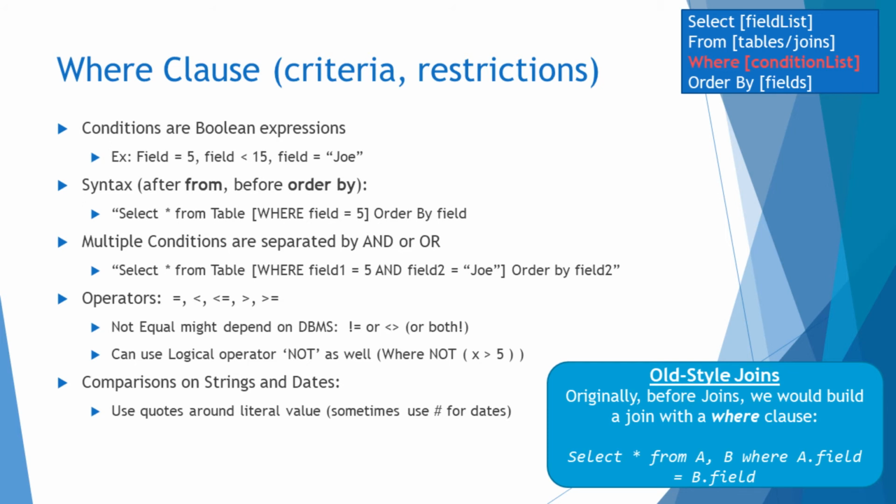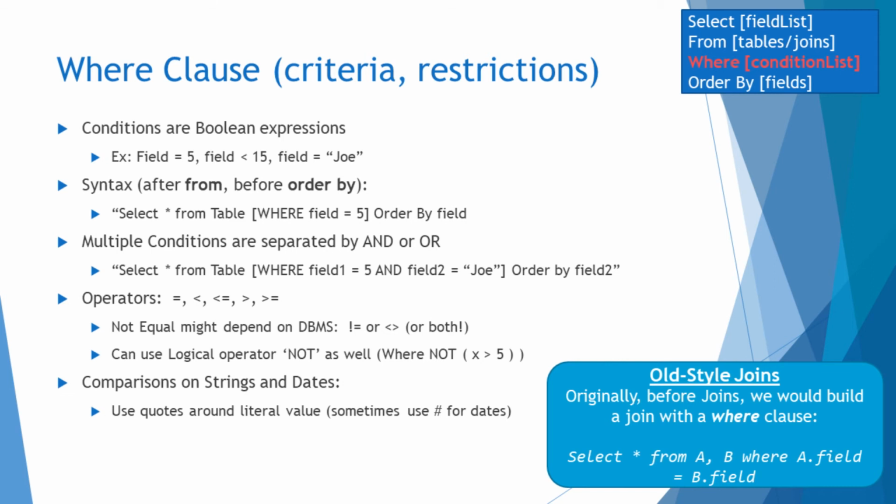Again, you cannot be ambiguous in anything you do in SQL statements because it's all done by code. So I can say select star from table where field 1 is equal to 5 and field 2 is equal to Joe, and then order by field 2. I have quotes in here, but your quotes are not going to be necessary in your SQL statements.